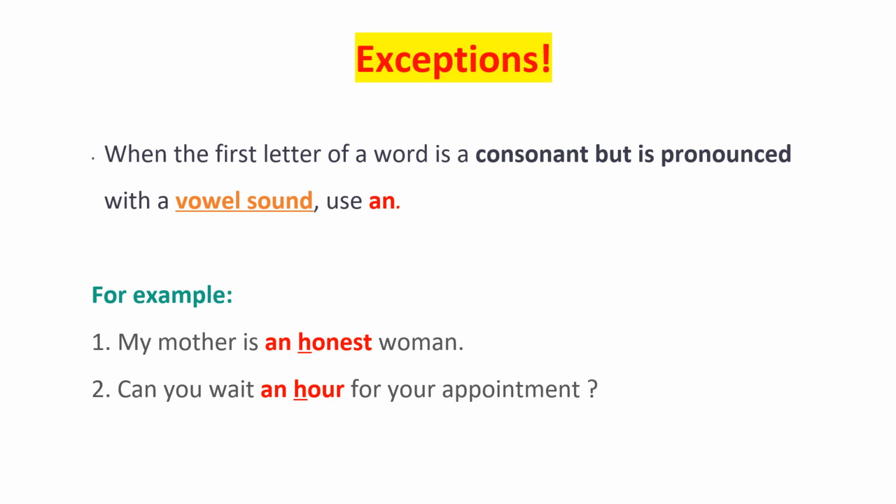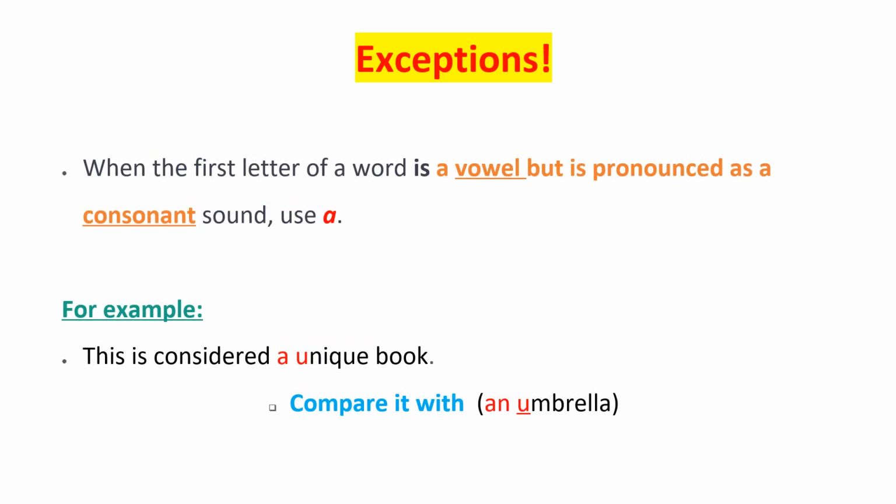Exceptions. When the first letter of a word is a consonant but is pronounced with a vowel sound, use an. For example, my mother is an honest woman. Can you wait an hour for your appointment? Exceptions.